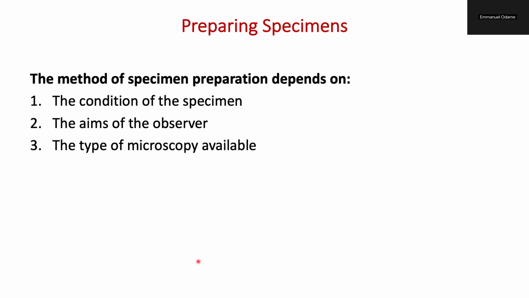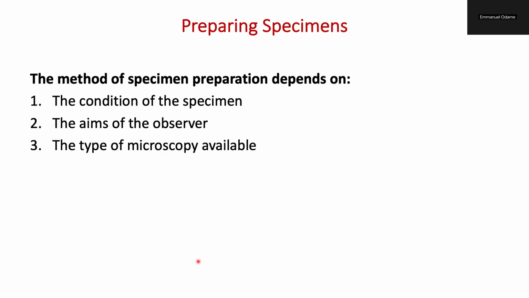And then also the aim of the observer. Are you trying to observe the cellular structures, or the extracellular matrix, or any structures outside of the cell? Or are you trying to stain them using fluorescence and then tell them apart? And the third one is the type of microscope which is available. So, for example, let's say you want to tell apart different cellular subcompartments of an organism, but you don't have fluorescent dye to stain them apart.